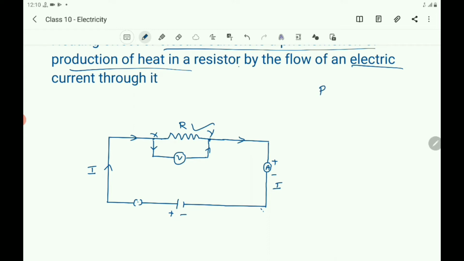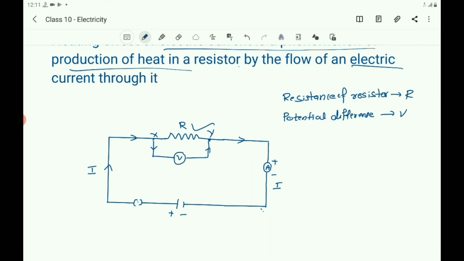So here the resistance of the resistor is R, and the potential difference across it, that is between X and Y, is V, and T is the time during which a charge flows across the resistor.